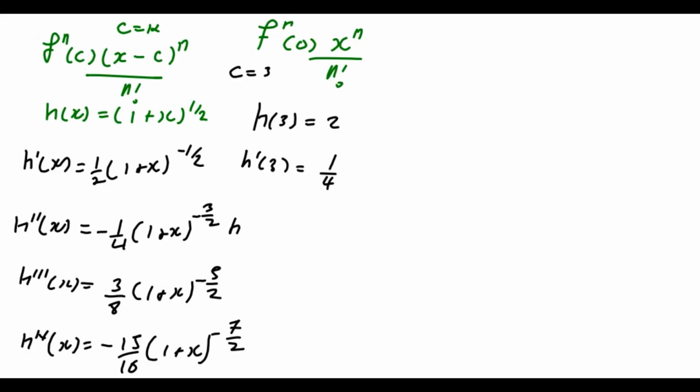Then the second derivative of 3 will be equal to minus 1 over, you get to 8, 8 times 4 is 32.